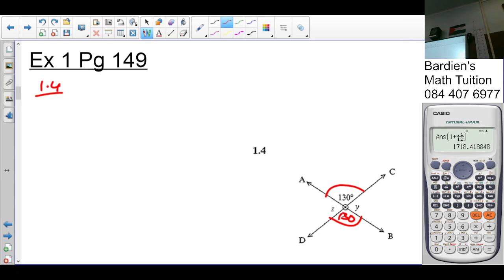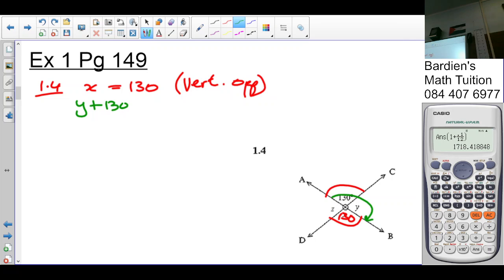Why? Vertically opposite. Now what? 130 plus y. y plus 130 is 180, straight line. So y works out to be 50 degrees.